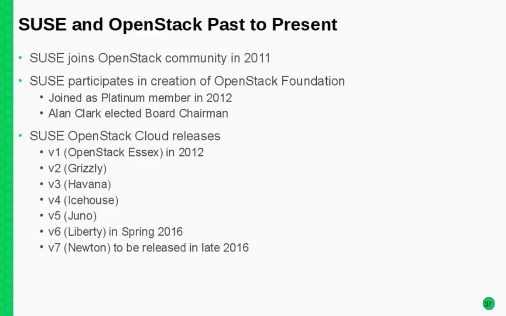We had our first release based upon OpenStack Essex in 2012, and you can see we've been releasing pretty consistently since then. Our SUSE OpenStack Cloud 6 came out in spring of 2016. Our Newton-based release, SUSE OpenStack Cloud 7, will come out in mid-January.